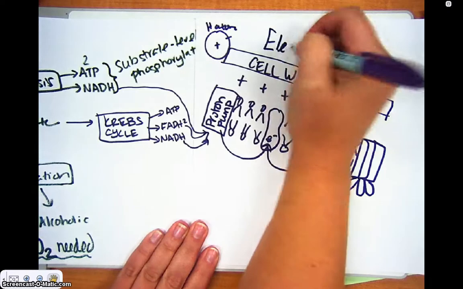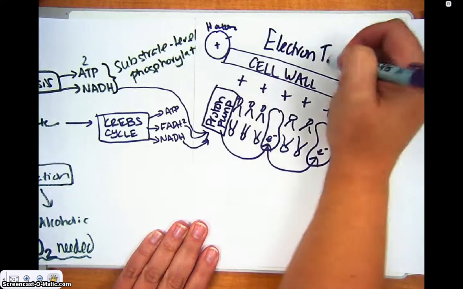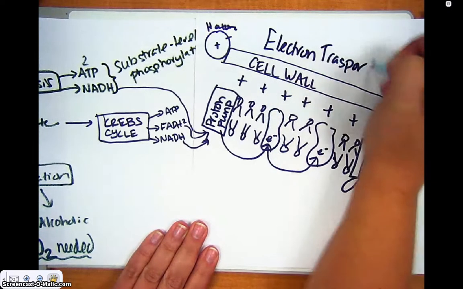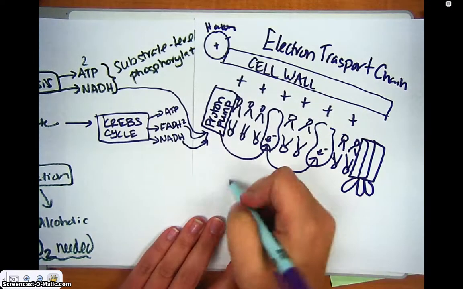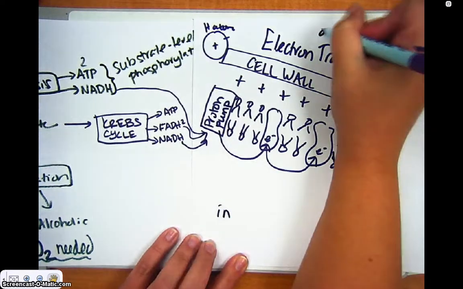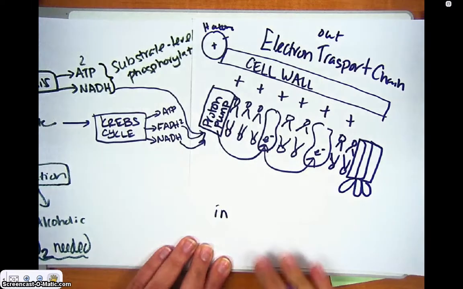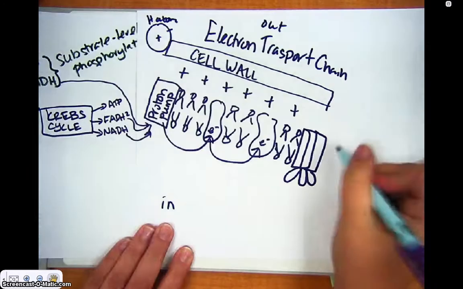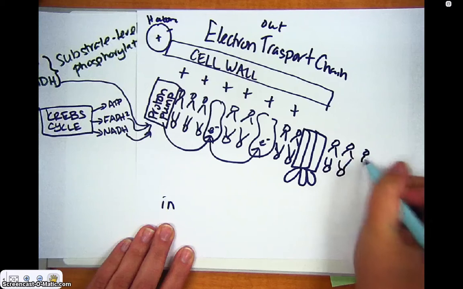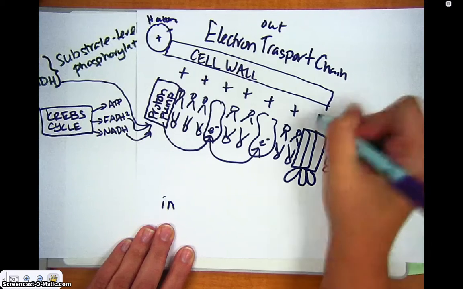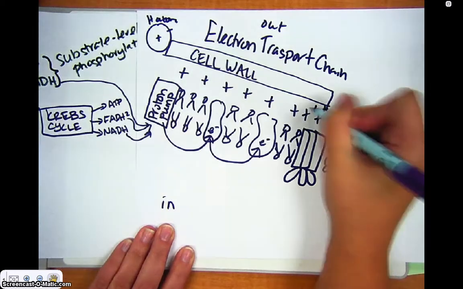So the electron transport chain is this whole process here. And this is inside the cell here, and this is outside the cell. Okay? So these protons here are building up on one side outside the cell, so we get a lot of protons out here.